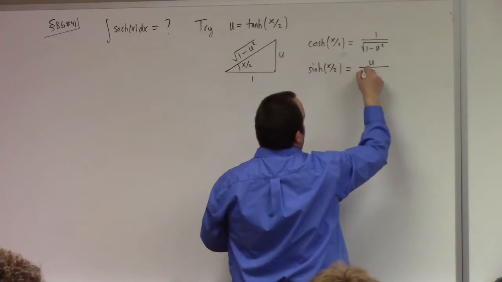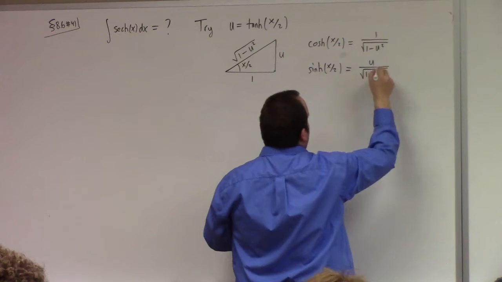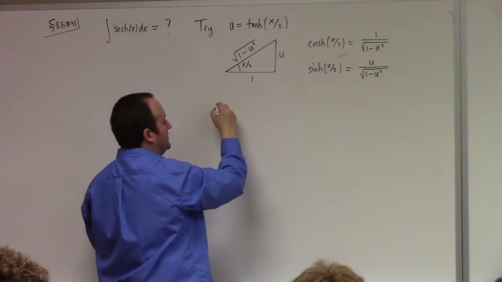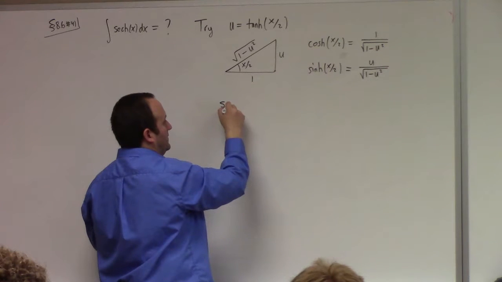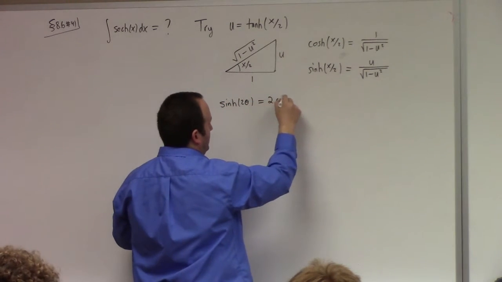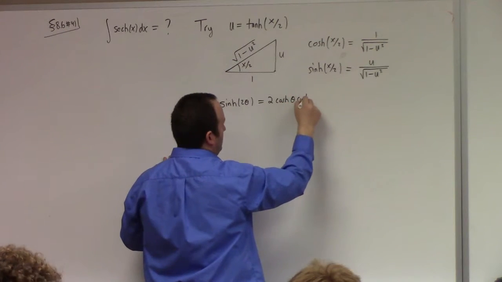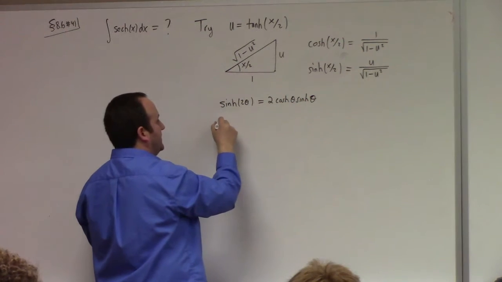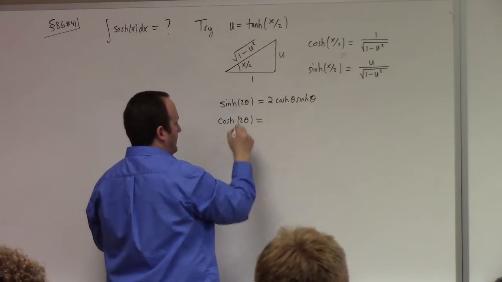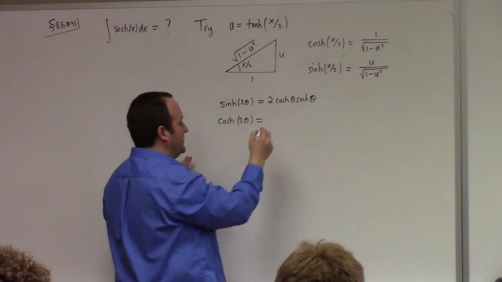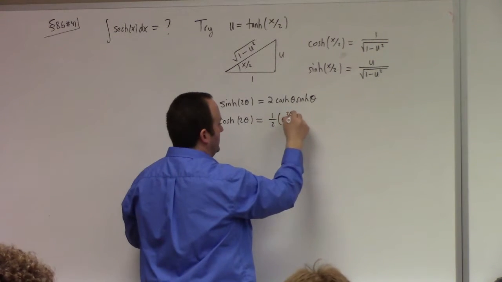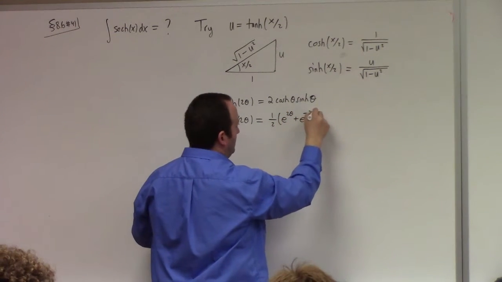u over that, right? Now, can you guys remind me, what are the double angle formulas for cosh and sinh? I think the sinh of 2 theta is twice cosh theta sinh theta. What's the identity for the hyperbolic cosine of 2 theta? I don't remember right offhand. Let me just try to work from the definition: 1/2 times e to the 2 theta plus e to the minus 2 theta.